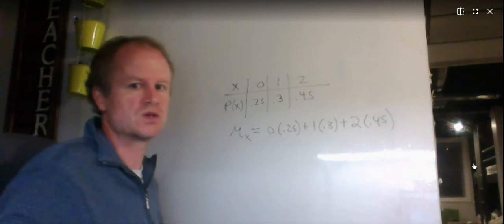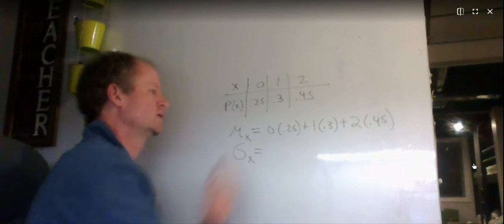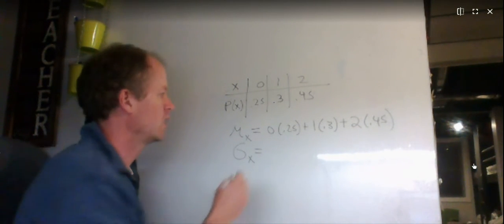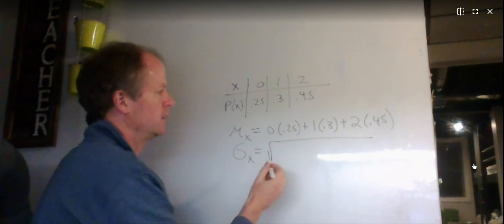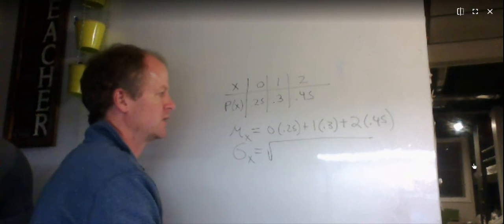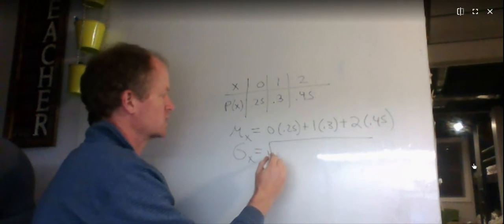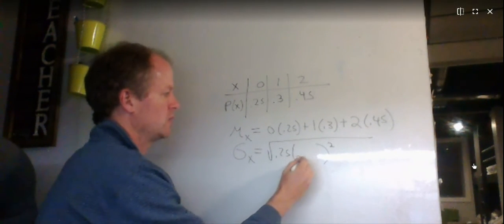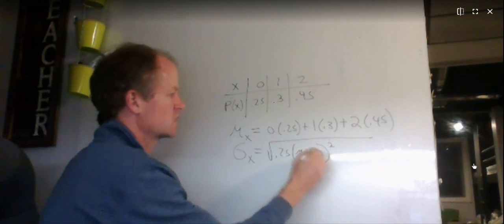Okay, we could also do the standard deviation of x. Remember, your calculator can actually do this, so you could review how to do that on your own, but we could also do this by hand. Once we get our mean expected value, we take the probability of each event, so 0.25, times the mean, mu sub x, minus each value.